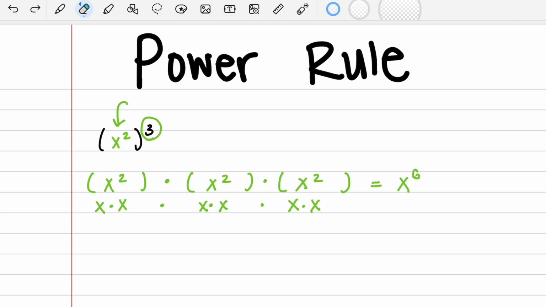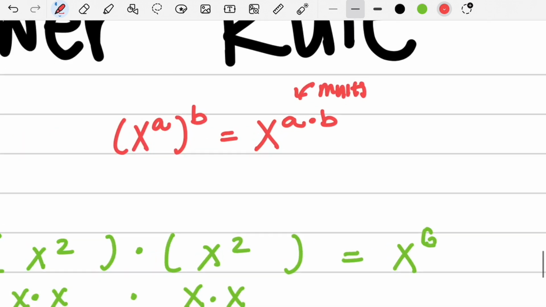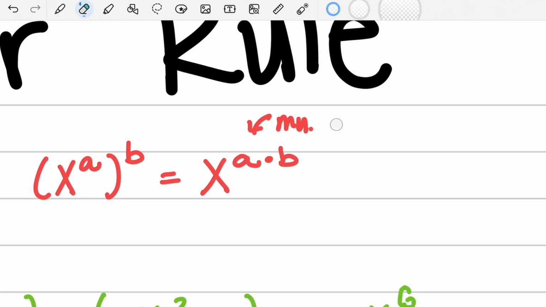So, power rule tells us that x to the power of a, raised to the power of b, is going to be x raised to the power of a times b. We are multiplying. Let me go ahead and zoom in so that we can see a little bit more clearly.